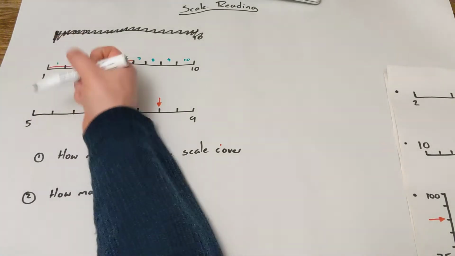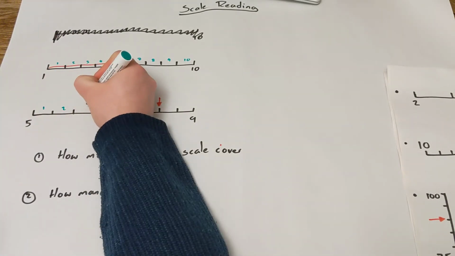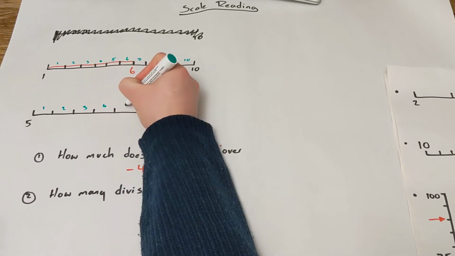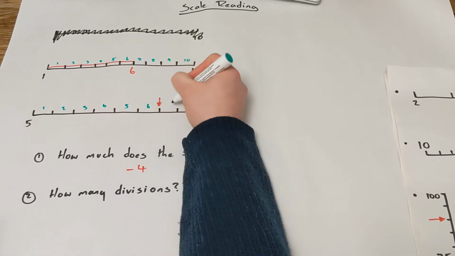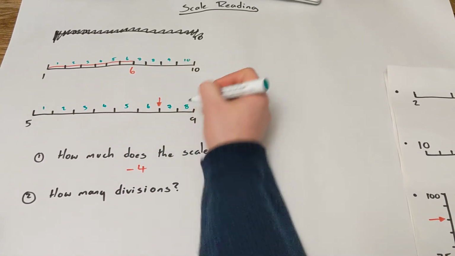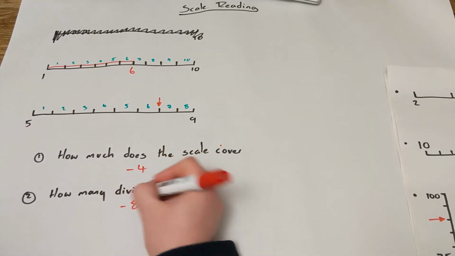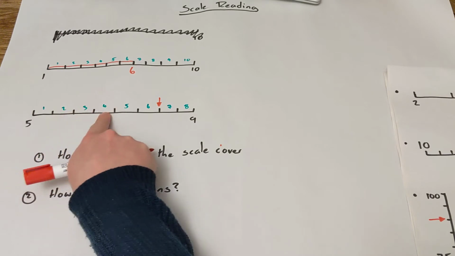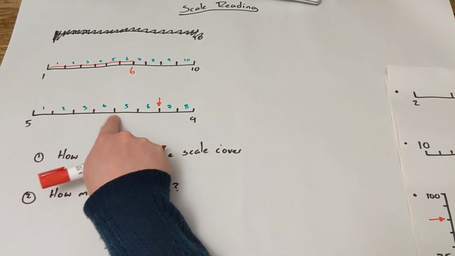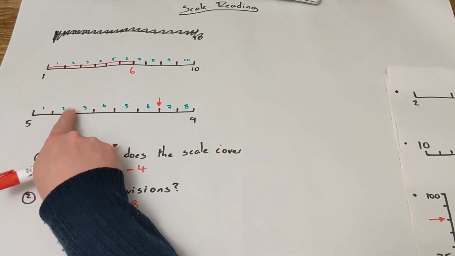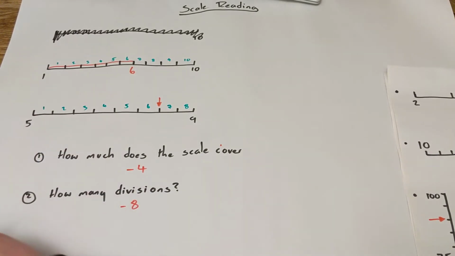We've got 1, 2, 3, 4, 5, 6, 7, 8. So there are 8 divisions there. And be very careful. We're counting the gaps between them, not the lines. It's the gaps between we count, not the lines themselves.